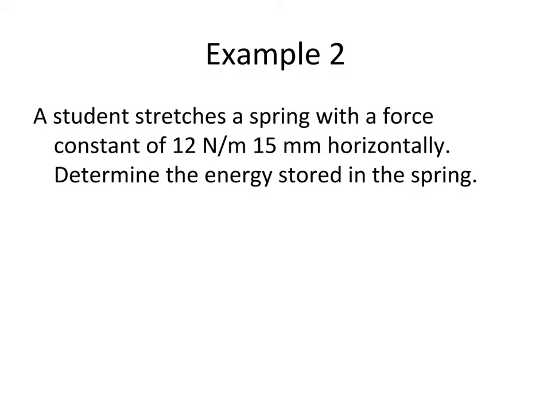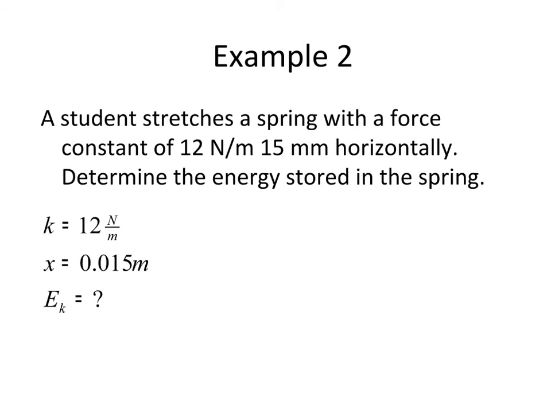Let's look at example 2. A student stretches a spring with a force constant of 12 newtons per meter, 15 millimeters horizontally. Determine the energy stored in the spring. So our given values, we have our k value, our force constant, and we have the deformation of 0.015 meters.